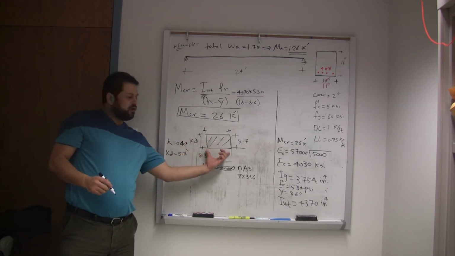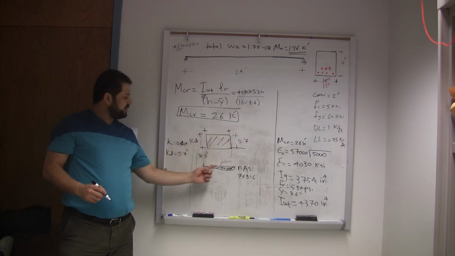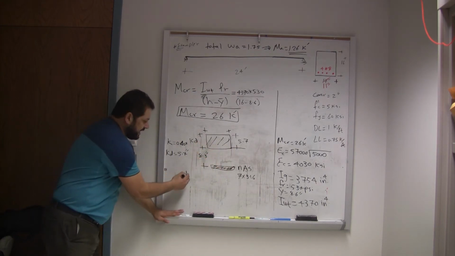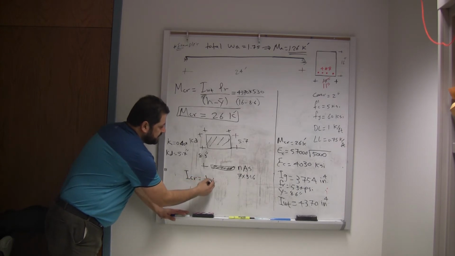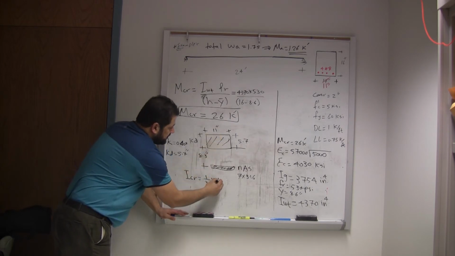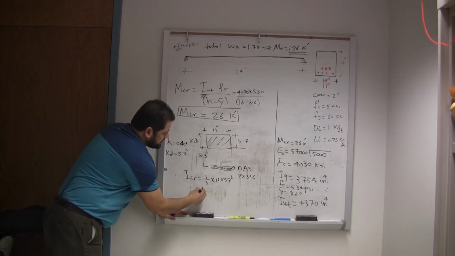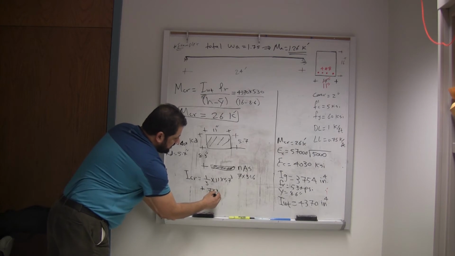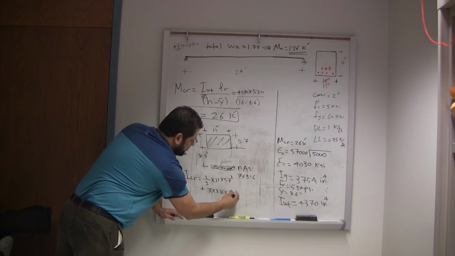Now look, what's I for this? It's 1/3 B times this cubed, plus this area times the distance from here to here squared. So I cracked equals 1/3 times B, which is 11 inch, times 5.7 cubed, plus this 7 times 3.16, that's A, times D squared, which is 8.3 squared.